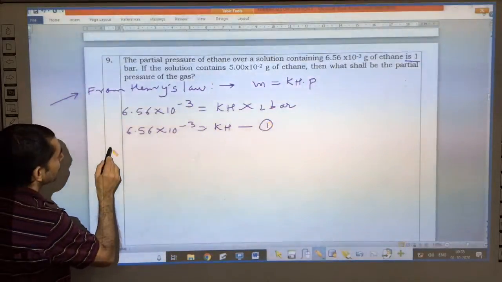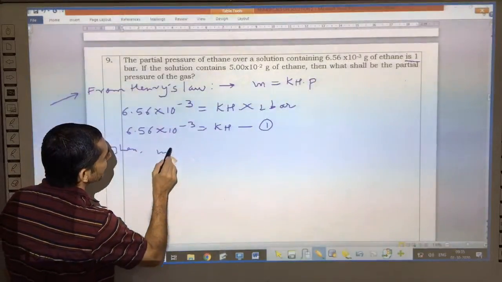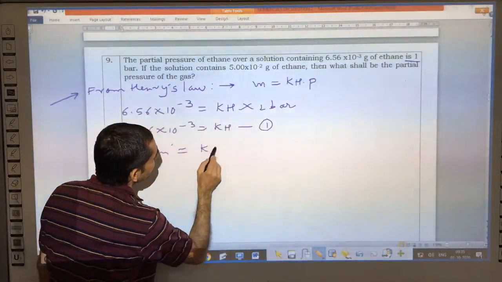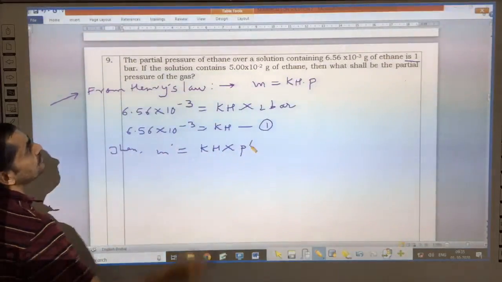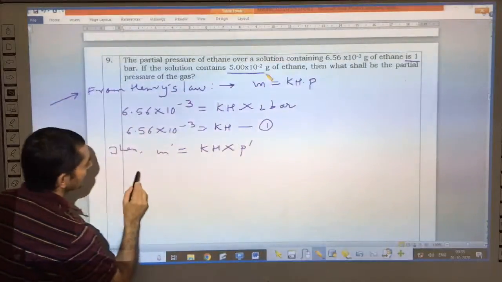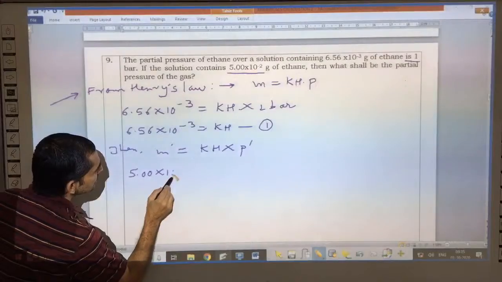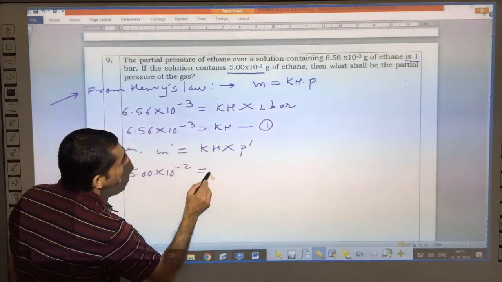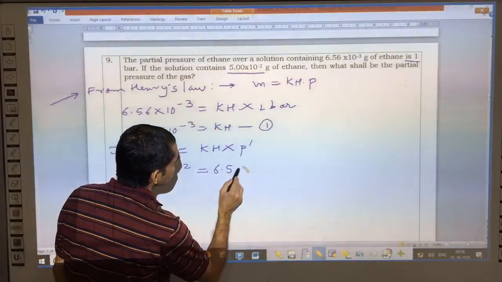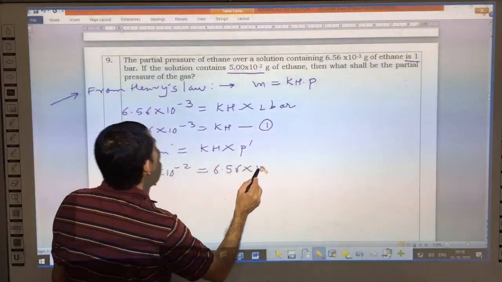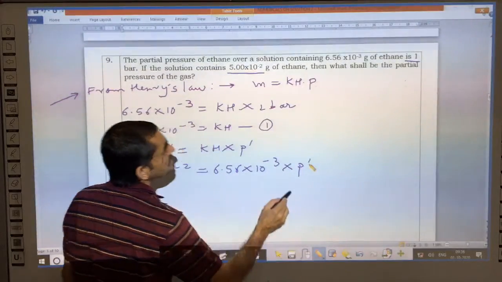Then let us move on with the same equation. Suppose m dash is equal to kH multiplied by p dash. In the second part, this is the mass, 5.00 into 10 to the power minus 2. From equation number 1, we have got kH, 6.56 into 10 to the power minus 3, multiplied by the partial pressure.